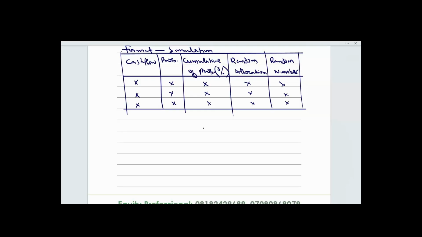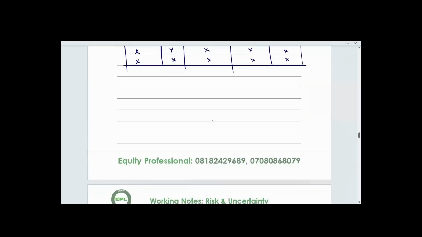You are not going to select all the cash flows given to you. That's why the expected value calculated using the simulation method cannot produce an optimal solution. In fact, let me put it down for you.